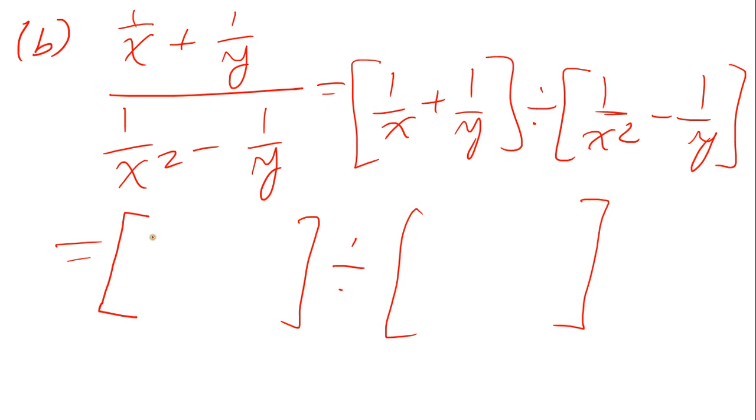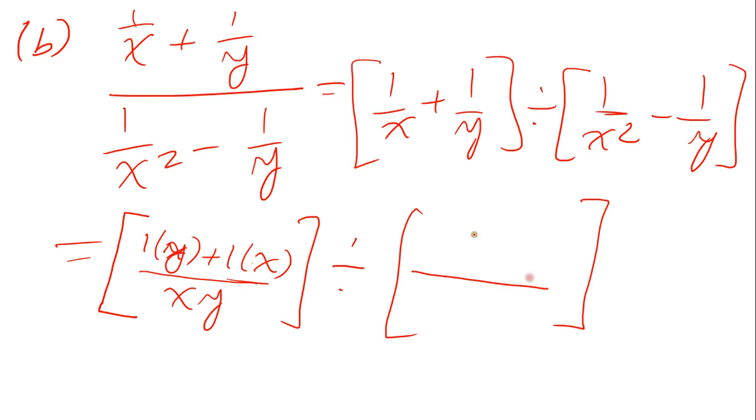Alright, so xy is going to be my common denominator. So it's going to be 1 times x plus 1 times y, this will be x, and this is going to be y, 1 times y minus 1 times x squared.